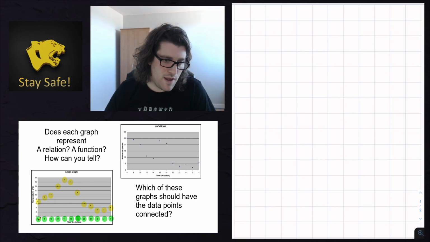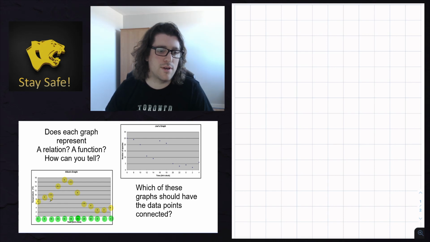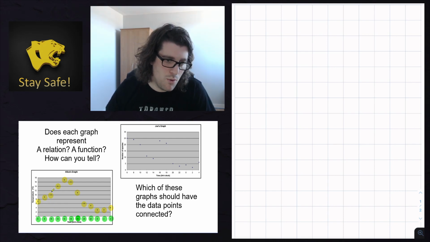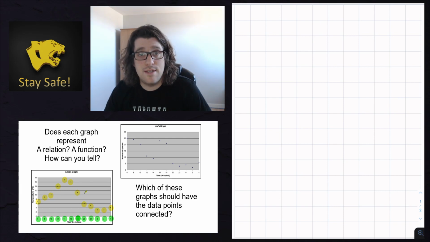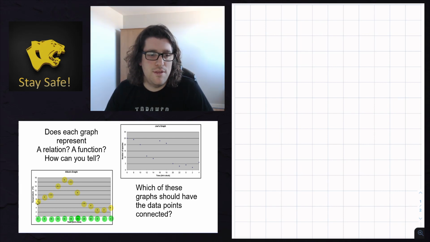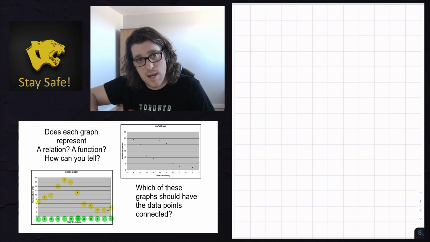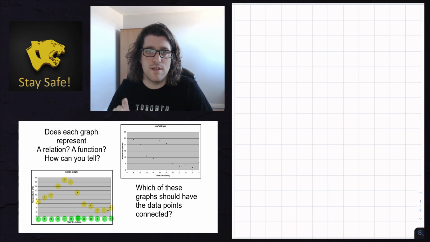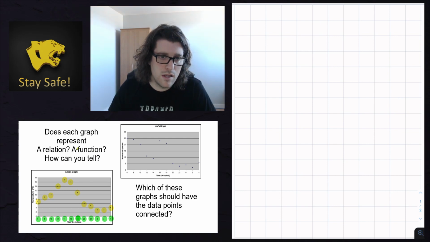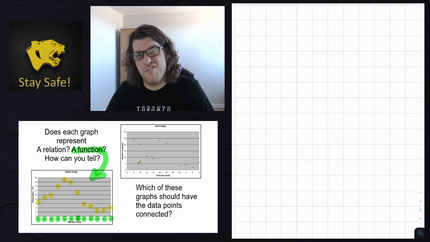There's only one temperature that goes along with 6, only one temperature that goes along with 8 for the time, and only one temperature that goes along with 10 o'clock. If we keep going along, there is one and only one value on the temperature axis for each of the time axis values. So this one is definitely a function.